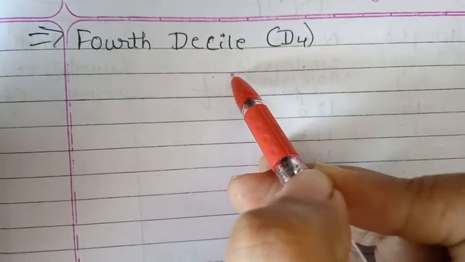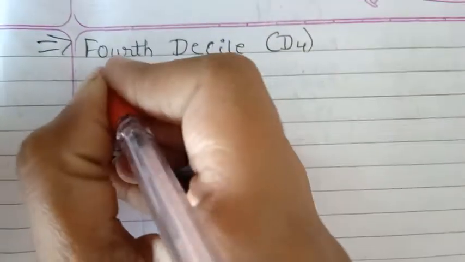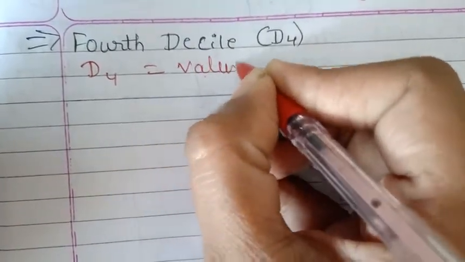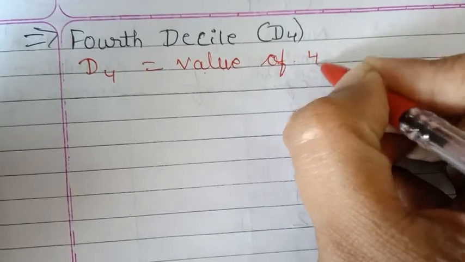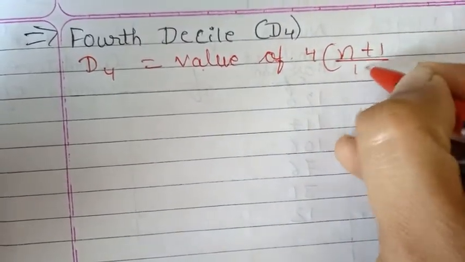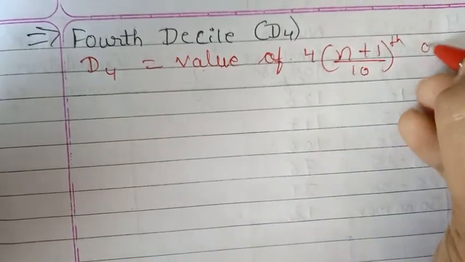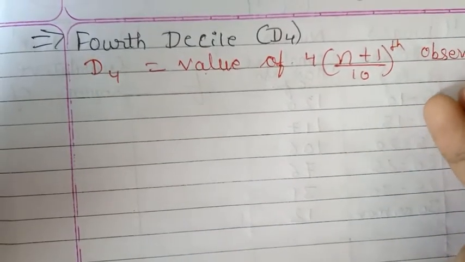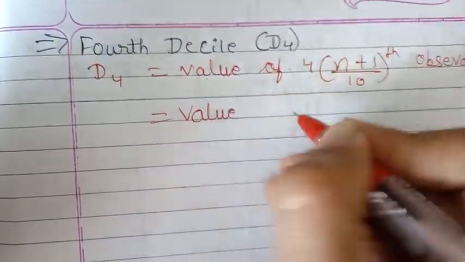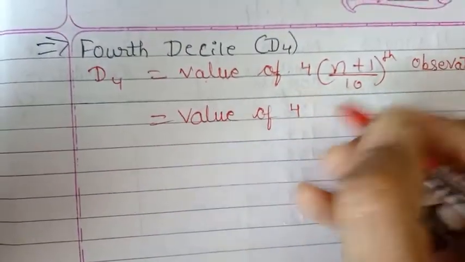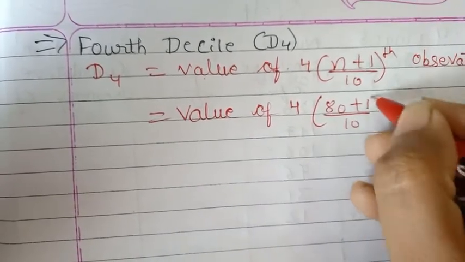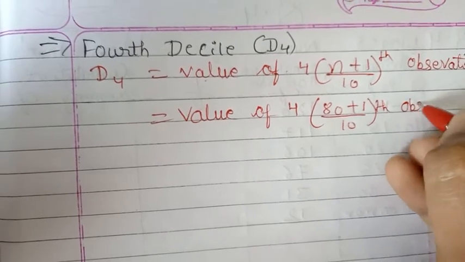Now we have to find the fourth decile, that is D4. So D4 is equal to the value of 4(n plus 1) upon 10th observation, that is equal to the value of 4, n is 80, so (80 plus 1) upon 10th observation.